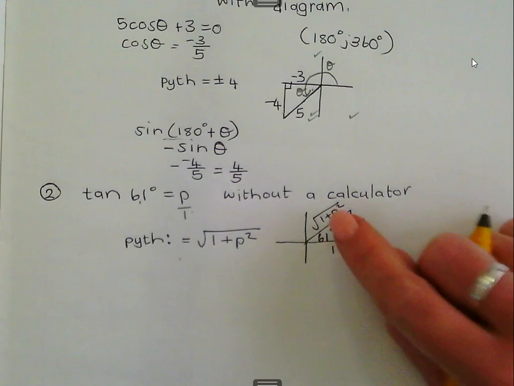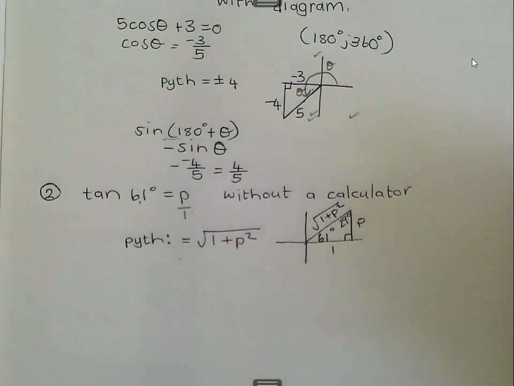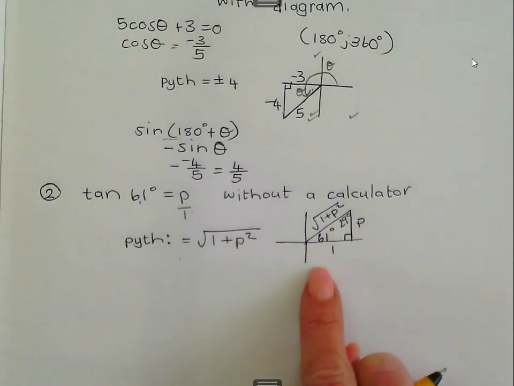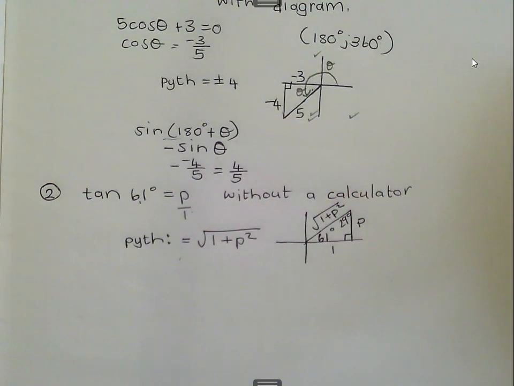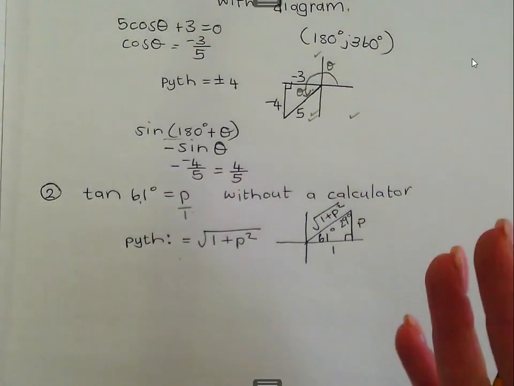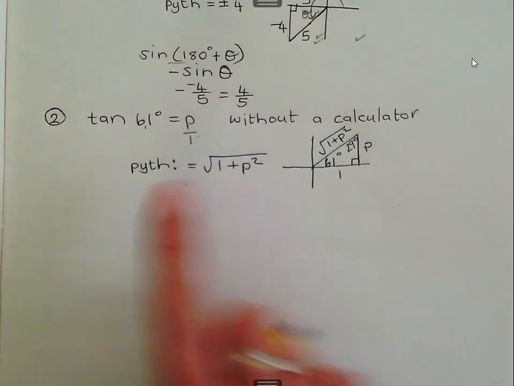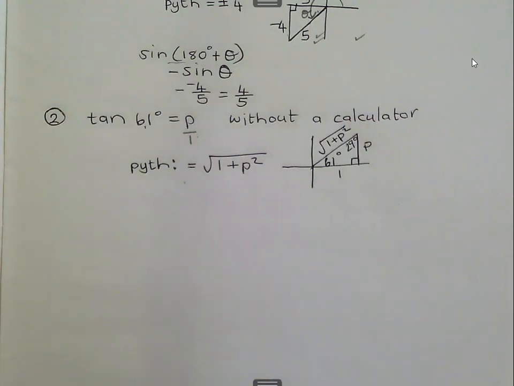Now this is opposite, this is hypotenuse, this one is adjacent. When it's 61, that one is opposite, this one is adjacent, that one is hypotenuse. Does that make sense? Okay, I'm not going to do an example thereof. Do you understand? Do I need to do an example? Are you fine? So if I ask sin, then you just say p over square root 1 plus p squared.